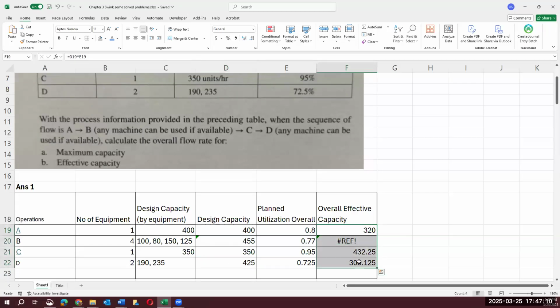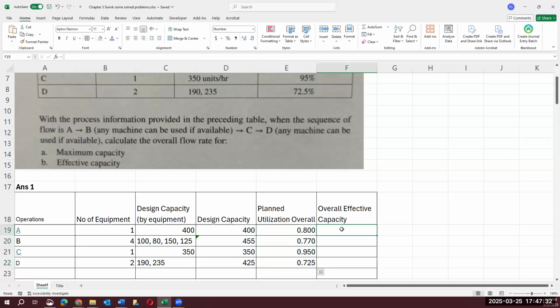And then your planned capacity is 80%, 77%, 95%, and 72.5%, 0.80, or if you want all of them to have 3 decimals, you can increase the decimal as you know this. All right. So 80%, 77%, 95, and 72.5.